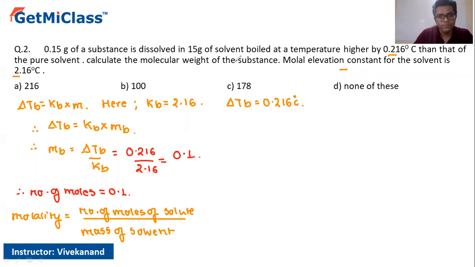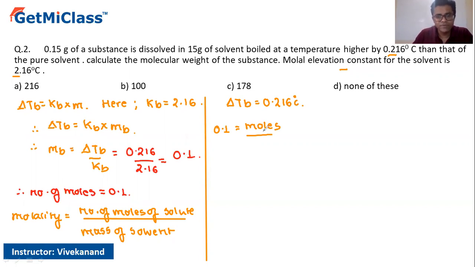We already have the molality as 0.1, so 0.1 is equal to the number of moles divided by the mass of solvent.